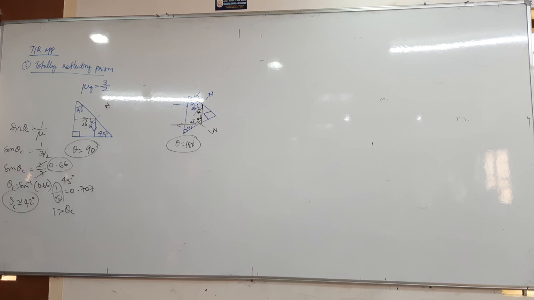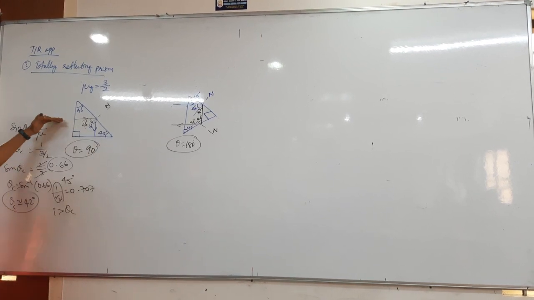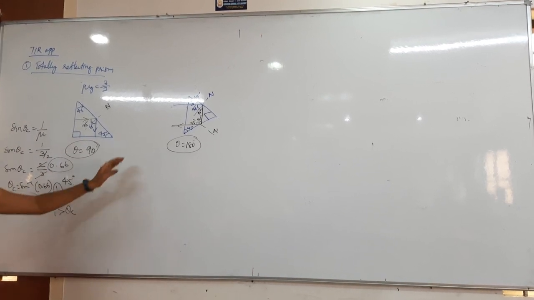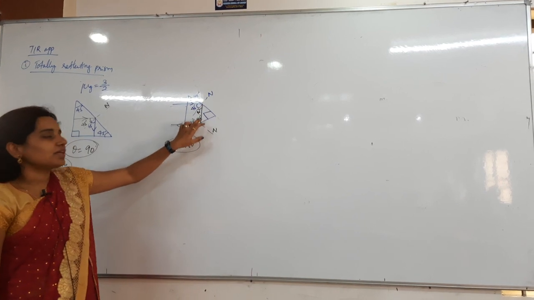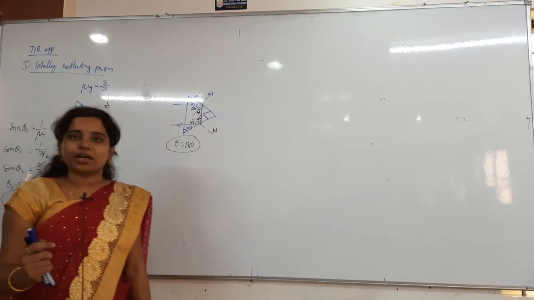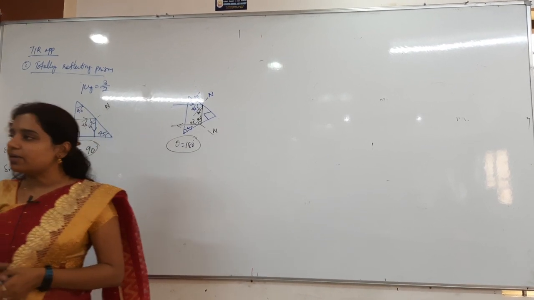And already we know from the laws of reflection, angle of incidence is equal to angle of reflection, again 45 only. But now I was going like this, and now I am coming like this, so the angle bent here is theta equals 90. Then in this one, 2 reflecting surfaces are there, so it is undergoing TIR 2 times. So how much angle is it bent by here? 180 degrees, clear?